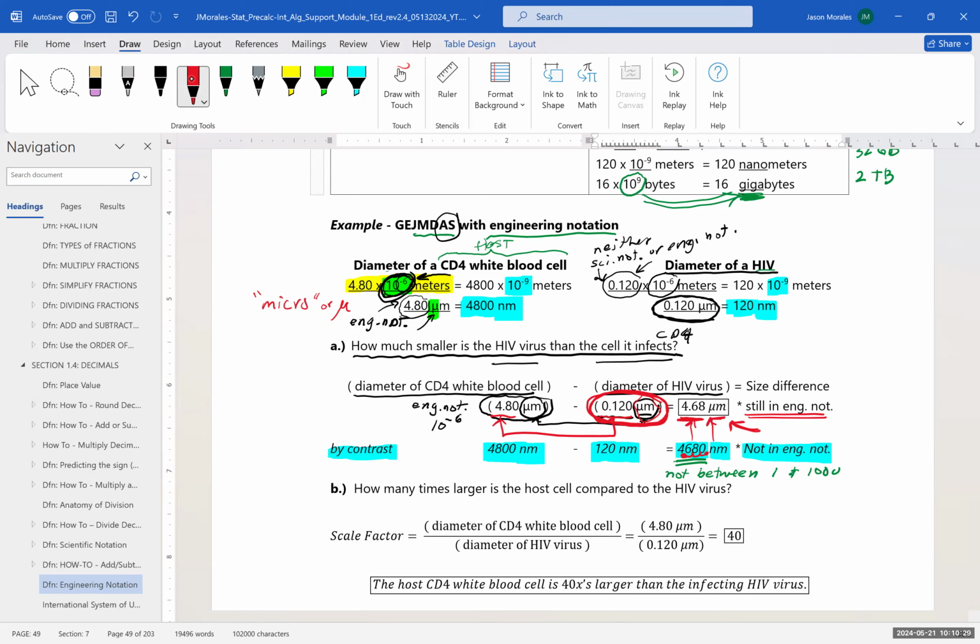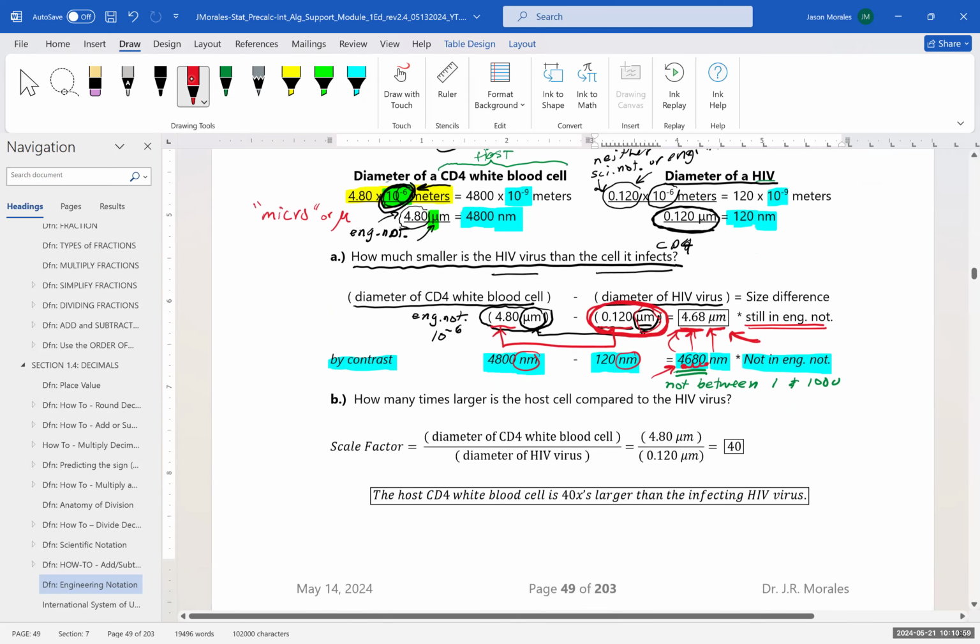That's an example of how we could work with a different multiple of 3 and still add and subtract, because they have exactly the same units with the same prefixes. And if we didn't like the answer at the end because it's not in engineering notation, we can make it so that it is. So that's how you add and subtract with engineering notation.